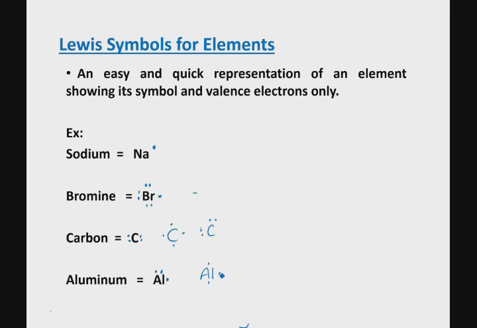Why is it so important for us to know valence electrons? That is a very important question. It is important for us to know valence electrons because when chemical bonds are formed, it is only the valence shell and the electrons in that shell, in other words, valence electrons, that participate in bonding.